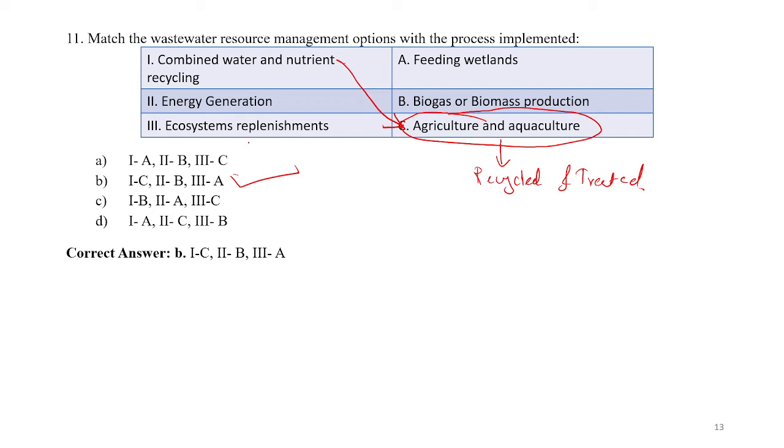And the second, 2 is matched against B, that is the energy generation is matched against biogas or biomass production. Here, you all know the conventional wastewater treatment, otherwise if you don't know you will learn it in the coming classes.